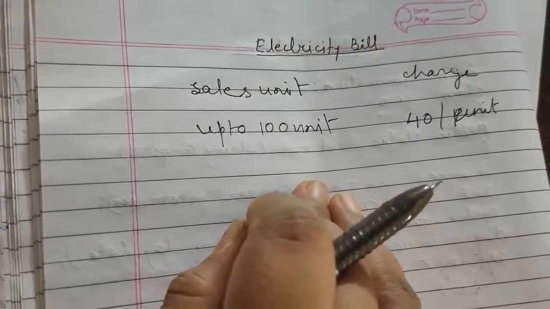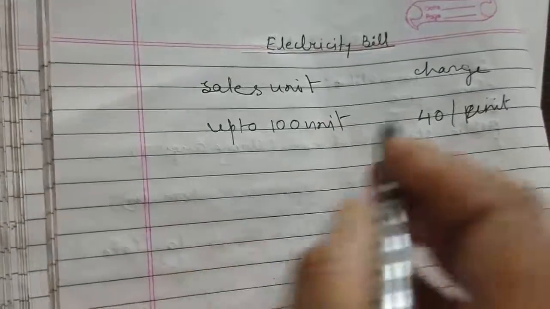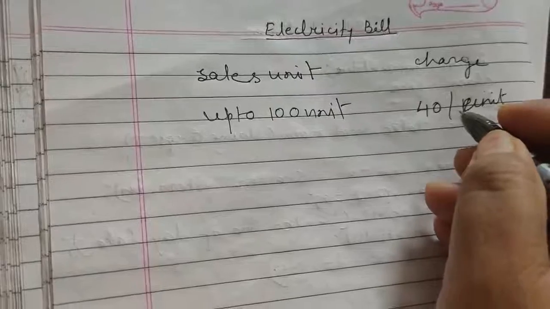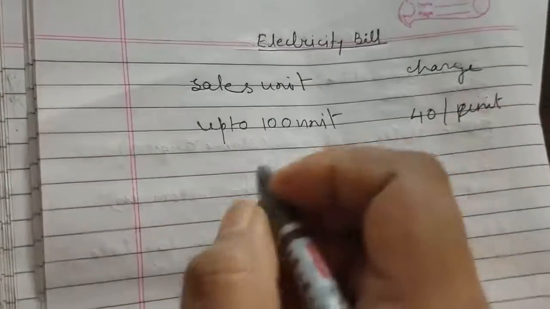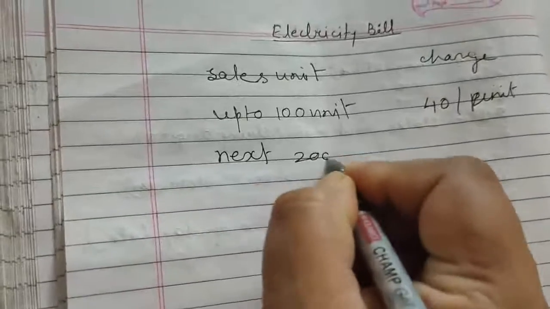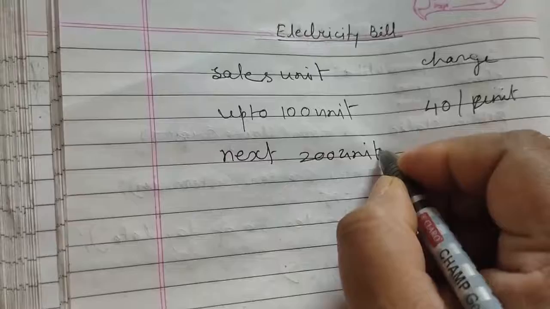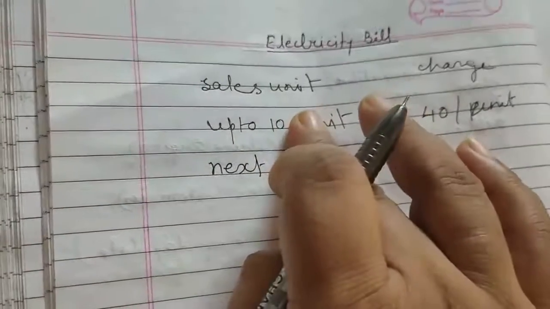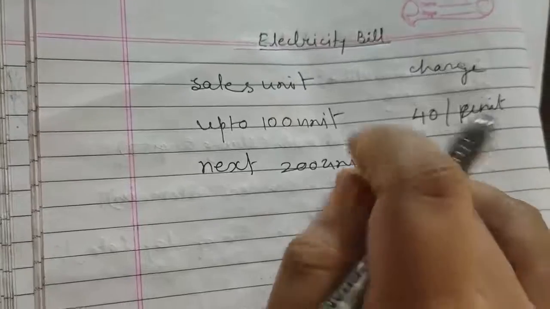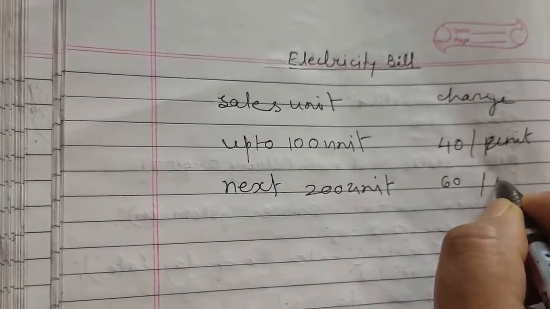The condition is like this: for the first 100 units, or up to 100 units, it is 40 paise per unit, and then for the next 200 units, that means after 100 till 300, it is 60 paise per unit.